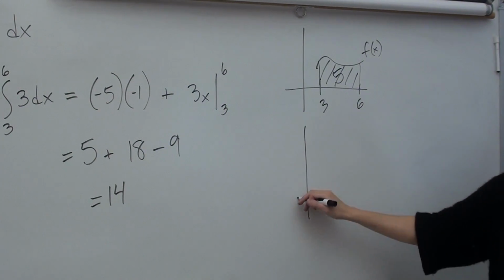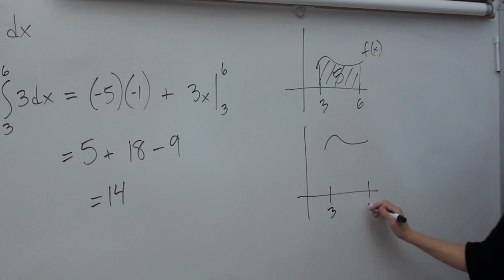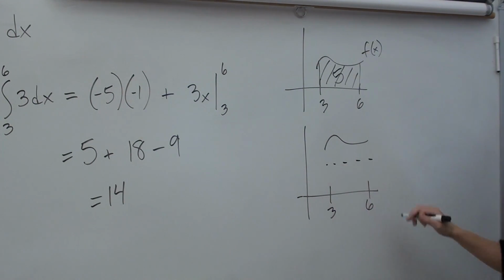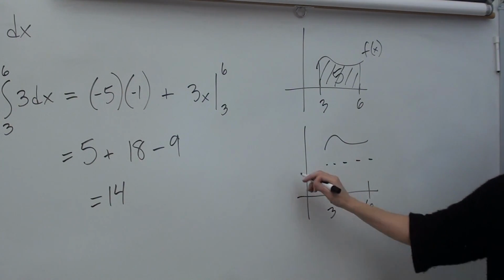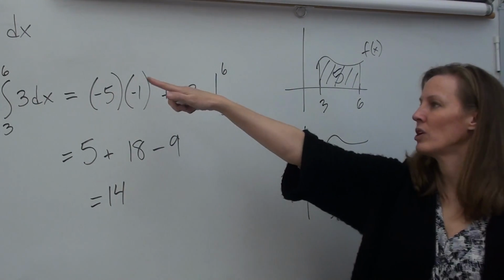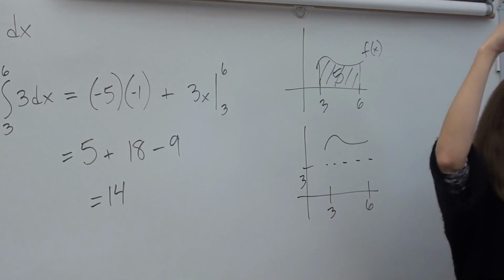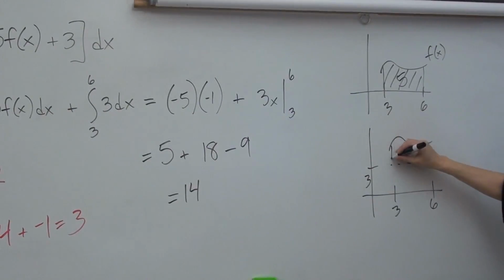If we were to take f of x and shift it up 3 spaces, because that's what it does when you add 3 to a function, it's a vertical shift up 3. This is still our area of 5.